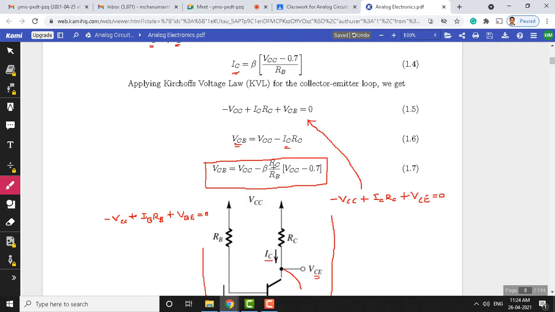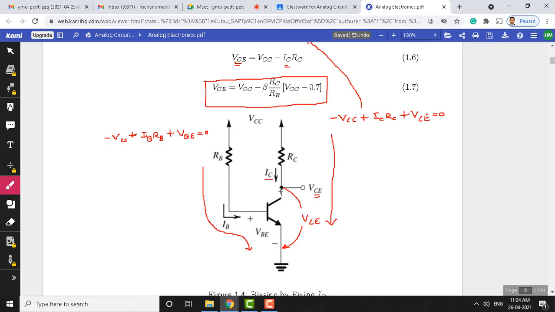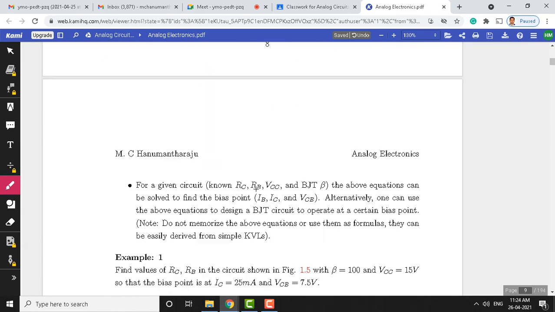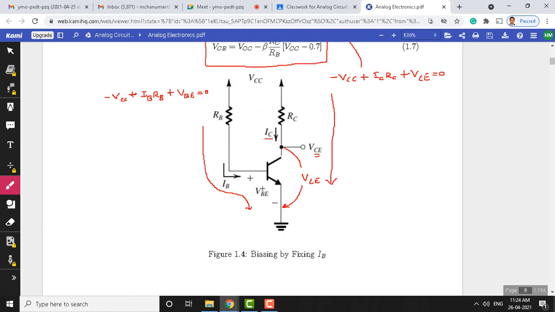So, now we know the expression for the output collector emitter voltage, and we also know the expression for the collector current. Now, with this kind of analysis, let us take an example and see whether this circuit is robust with reference to changes in the transistor parameters.